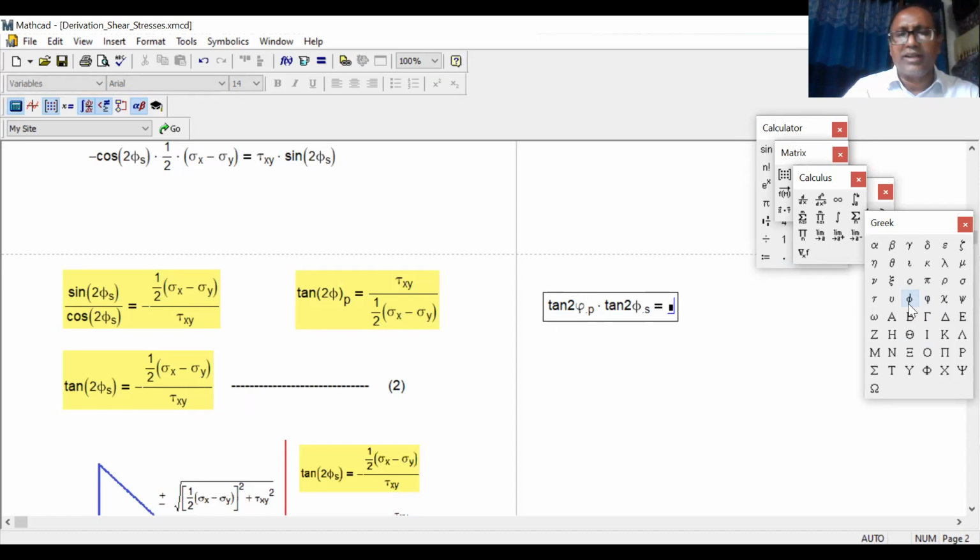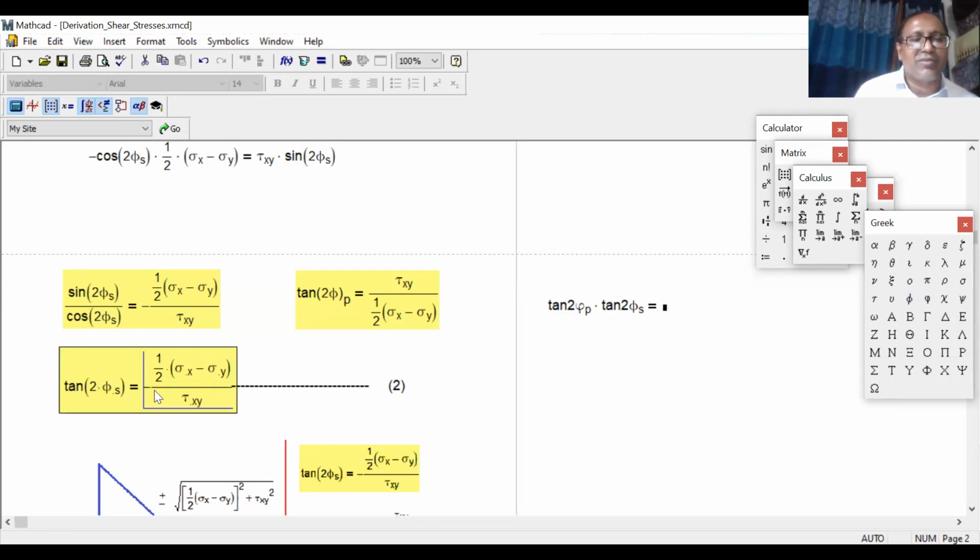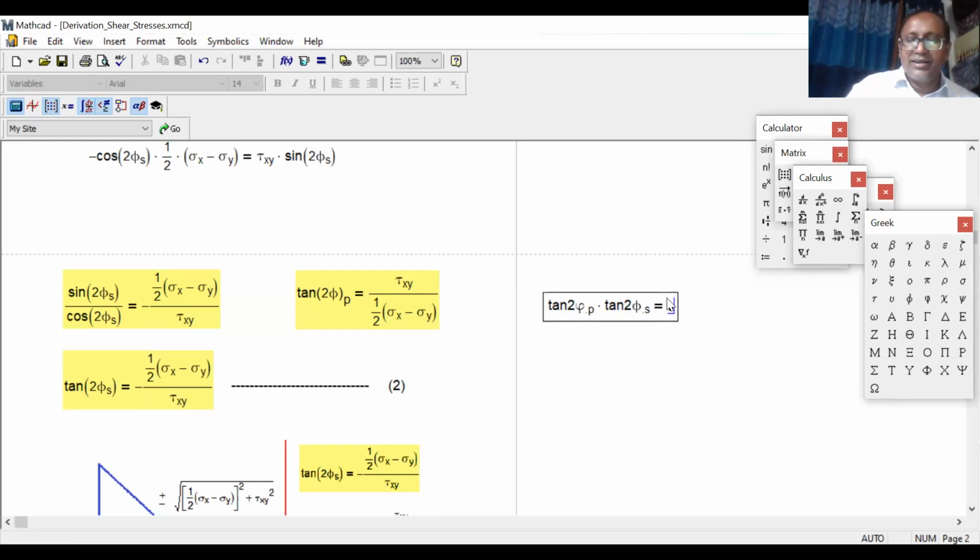If you multiply, what do you get in the formula? Anyone? If these two multiply, what do you get? Sir, 1. 1 minus 1. You see, there is a minus sign over here. Minus 1. So when m1 times m2 is equal to minus 1, what does it mean?